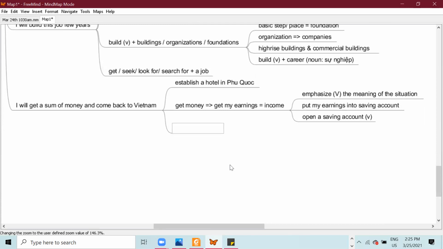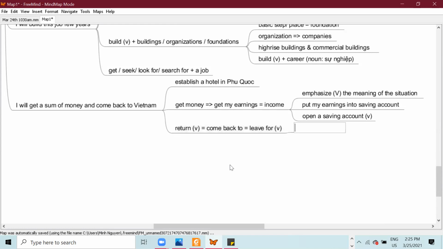And then I'm going to return, you remember the word return, which is very good. I'm going to return or I'm going to come back to Vietnam, or I'm going to leave for Vietnam. The word leave goes with the word for, the same as the word come back to. But if you use the word leave without for, it means you get out of the place.